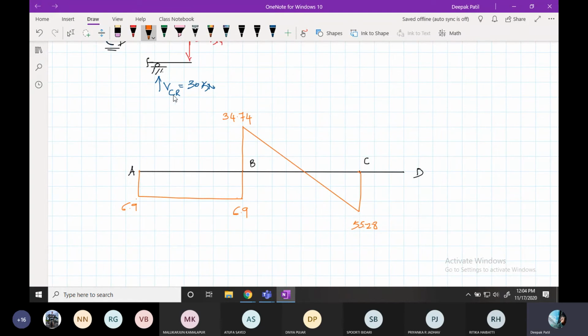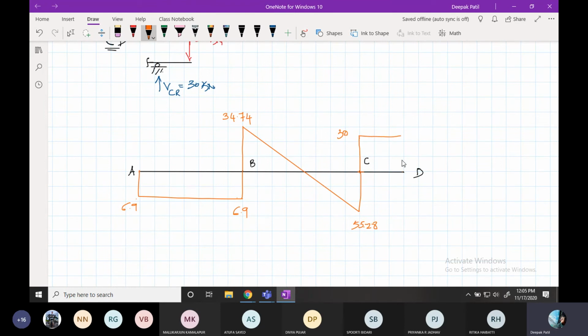Then at C, VCR is upwards 30, so you should go up by 30. From C to D, up to just before point D, there is no load, so it should go straight.